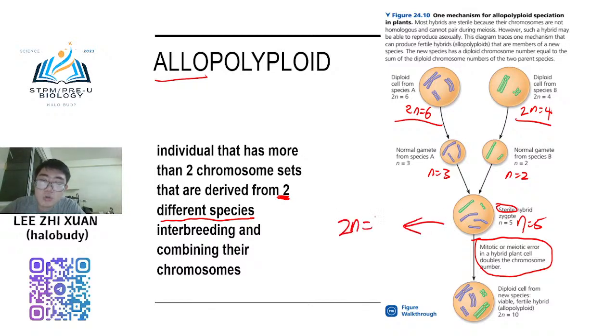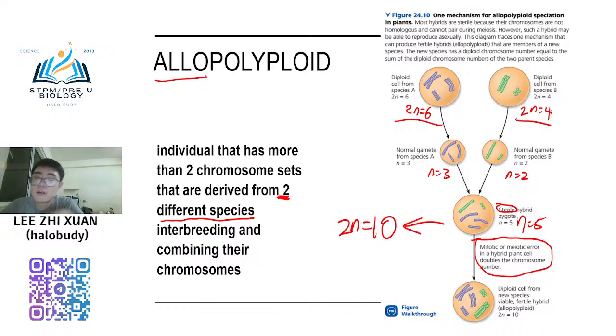It becomes 2n equal to 10, whereas originally it was n equal to 5. This plant cell is also very smart. It knows that it cannot survive and cannot produce offspring.